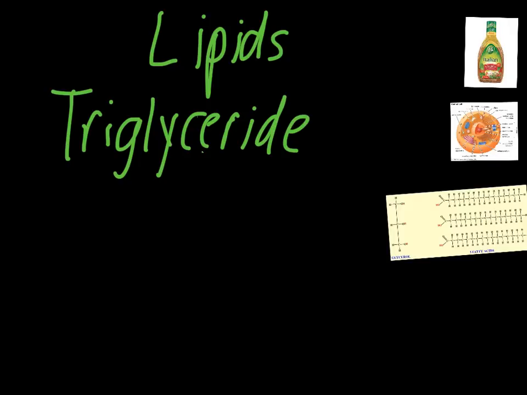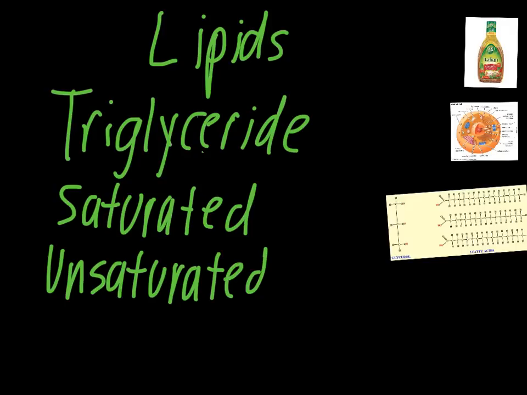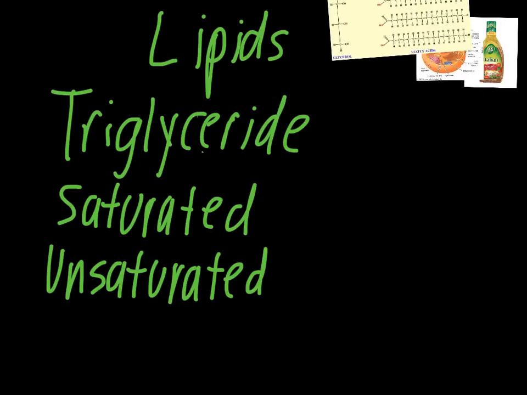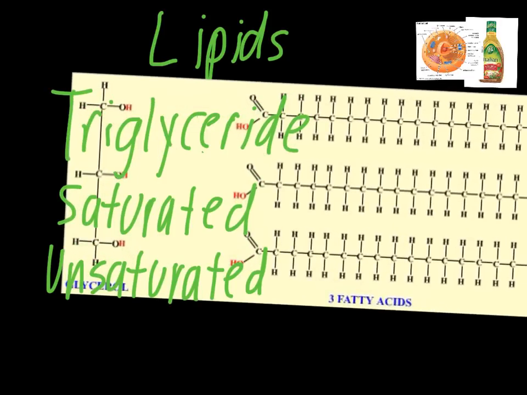So our triglycerides, that's going to be the bonding between, again, our glycerol group and our fatty acids. The other thing to talk about with lipids, there are 2 general groups. There are saturated and unsaturated. The difference here is that saturated groups are going to have all of their hydrogens. If we look at this one, you can see there's a huge chain of hydrogens coming off of here.